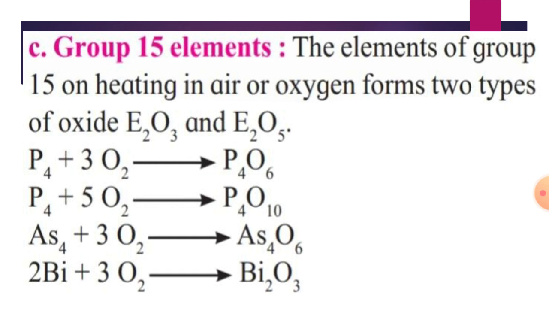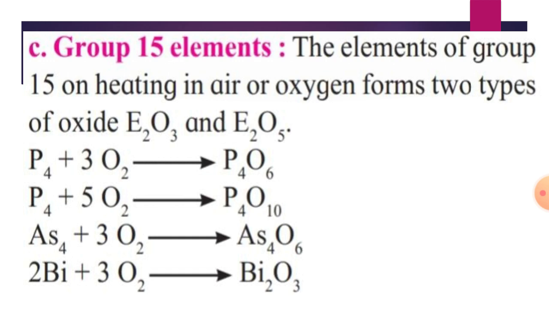Next reaction is with arsenic, As4, okay, plus O2, apply heat, it gets converted into As4O6, which is in the form of oxide E2O3. Next one is your bismuth, and this is your last one.